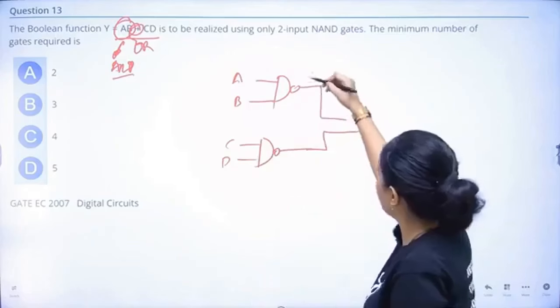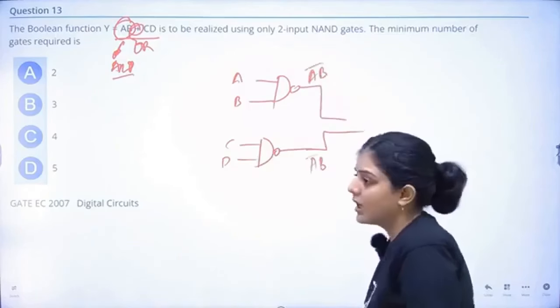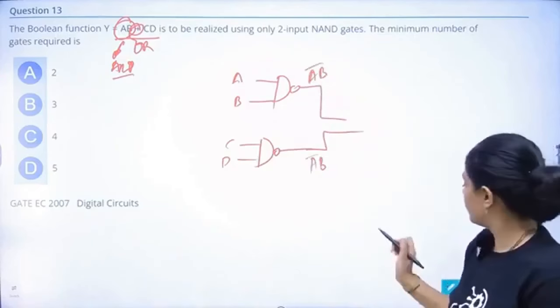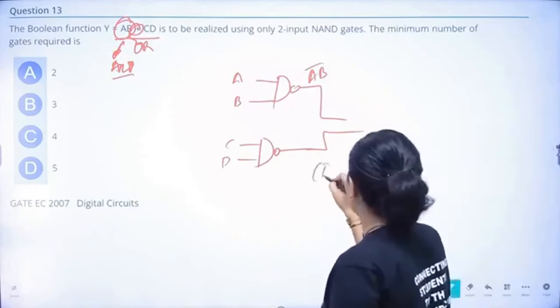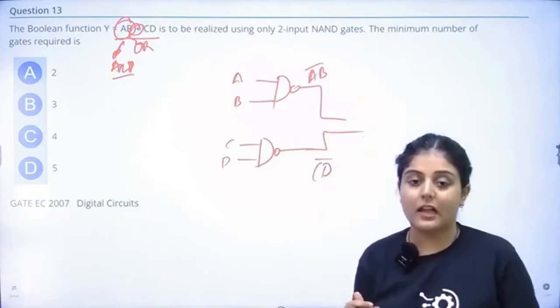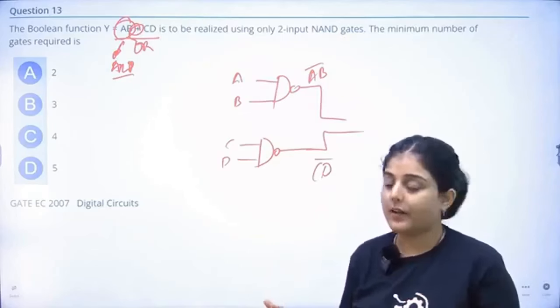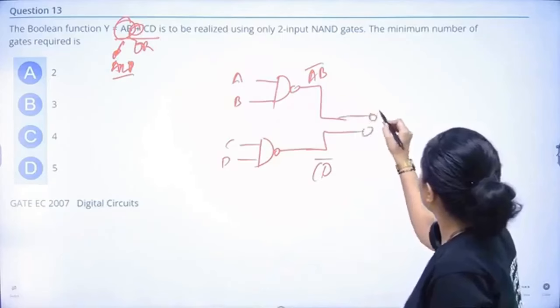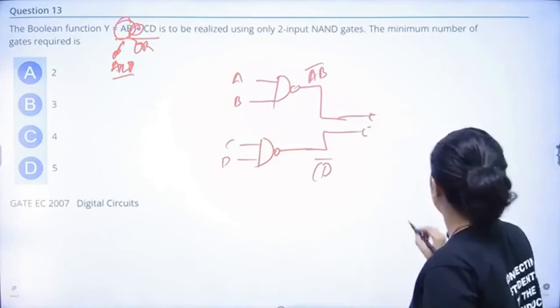So this is going to give me AB, and CD. Now I have to OR them up. So an inverted AND gate, OR gate, or an inverted OR gate.